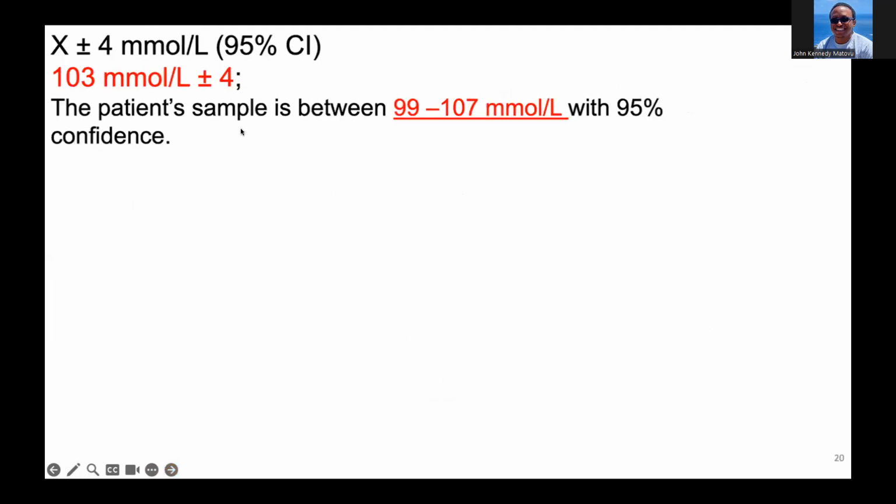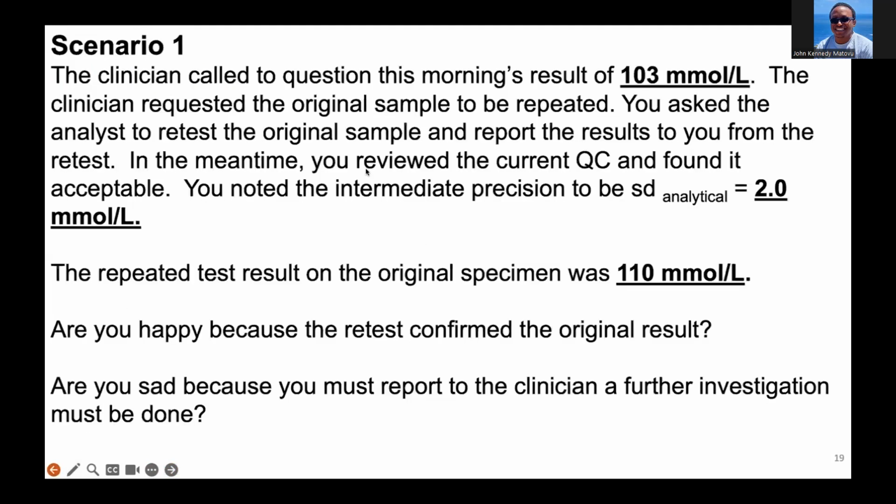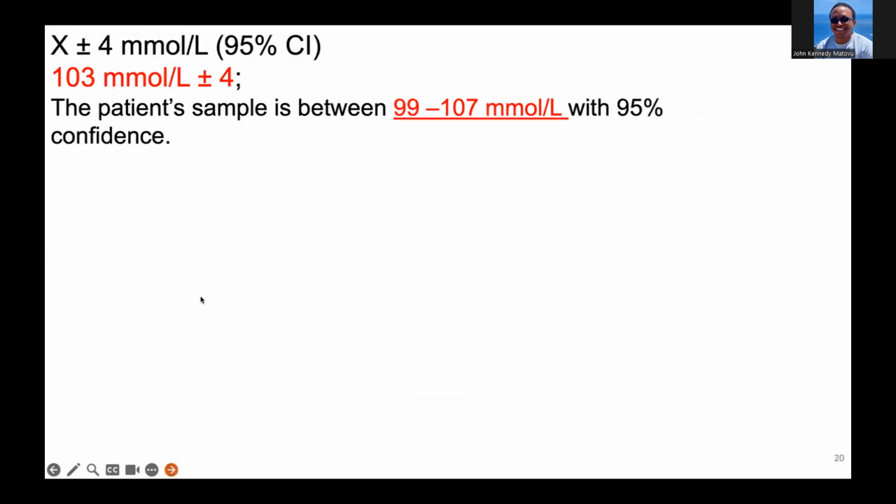If you look at what you were given, the confidence limit here is what? The SD was 2. So if we look at the K factor, for the 95% confidence limit we're using, we're going to double that. So that's 2 plus 2, which gives us 4.